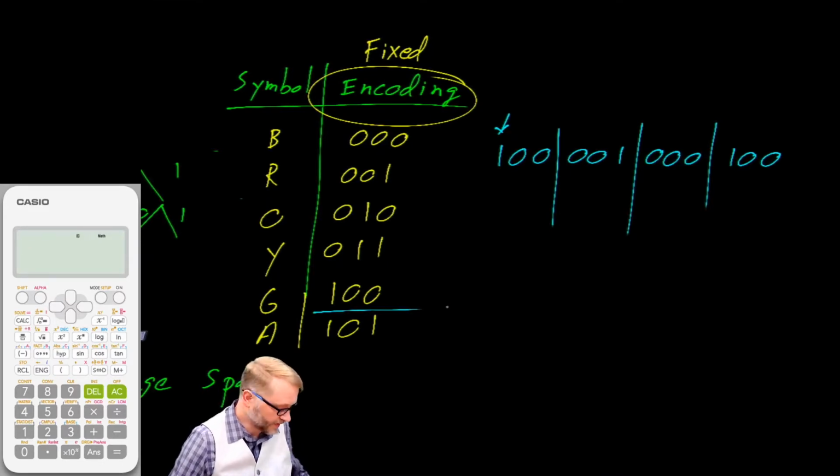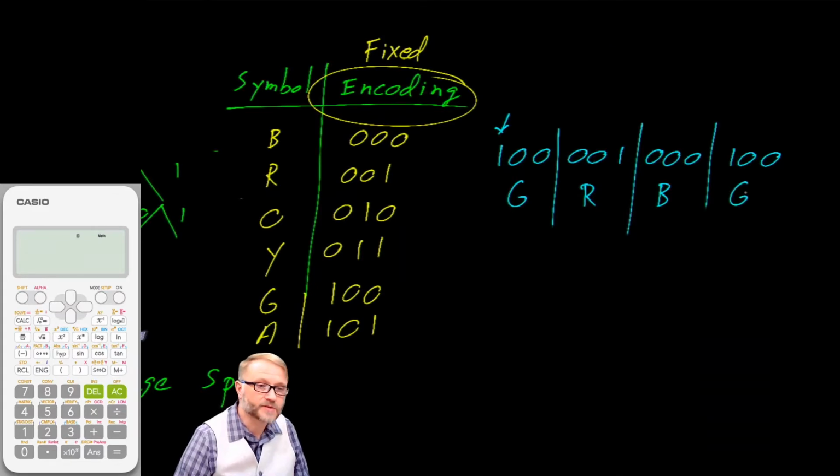So that's this one right here. So that would be green. That would be red. Let's see, 0, 0, 0 is brown, and 1, 0, 0 is green. So we used 3 yes-no questions, 3 bits to determine which symbol we were talking about.